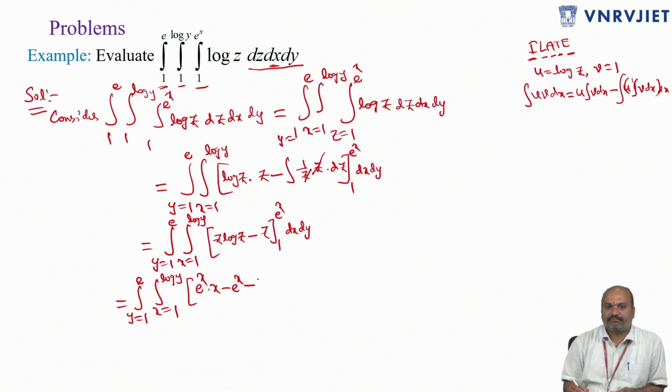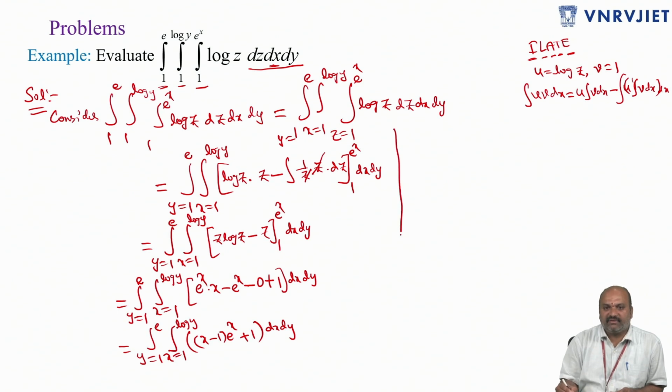Minus 0 minus substitution of lower limit, minus into minus, this plus z equals 1 into dx dy. So this is equal to integral y varies from 1 to e, integral x varies from 1 to log y, it is x minus 1 into e to the power of x plus 1 dx dy.